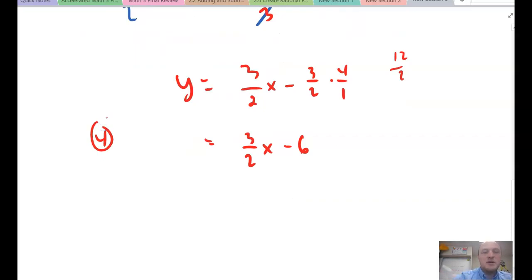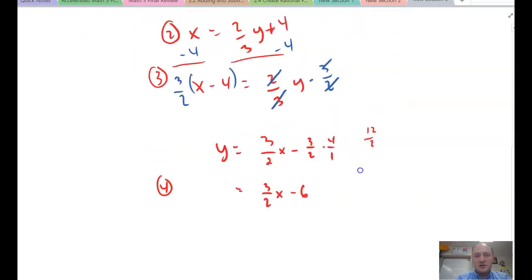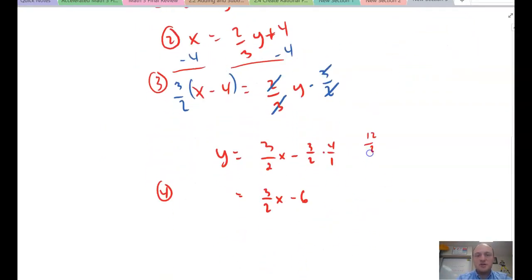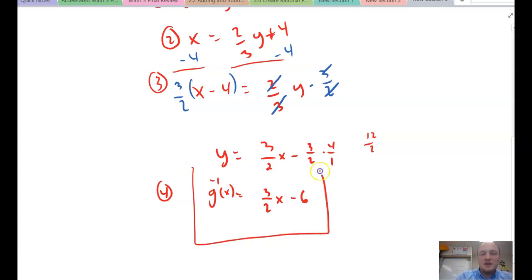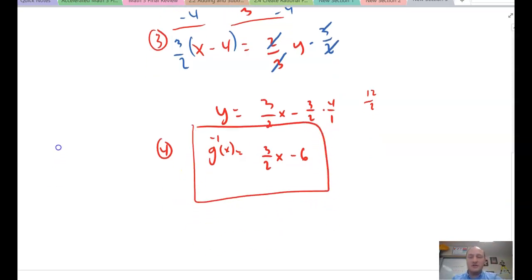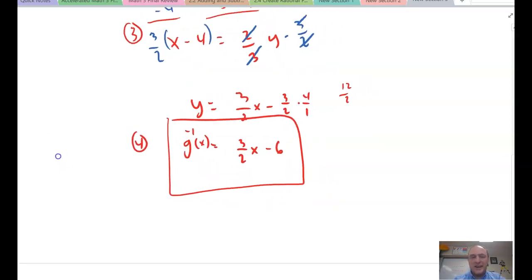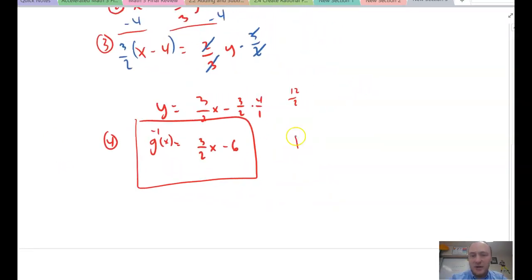Step 4, we want this to be in inverse notation. Our function is called g, so what do you think our inverse function is going to be called? g inverse of x. So there's your inverse notation. Again, the last part, we need to state the domain.